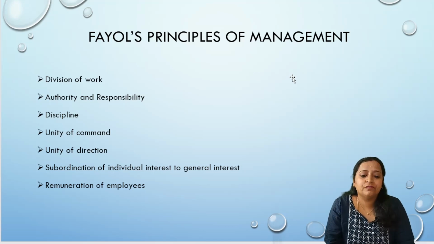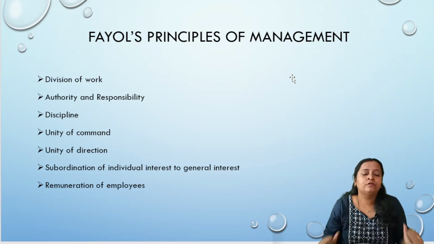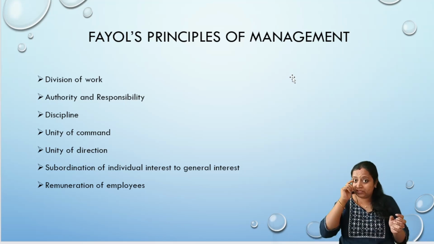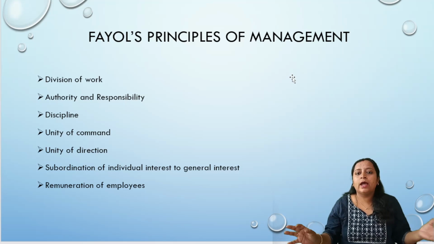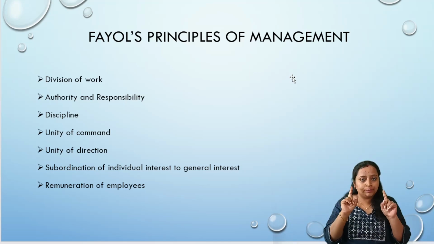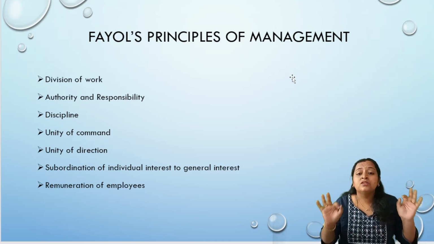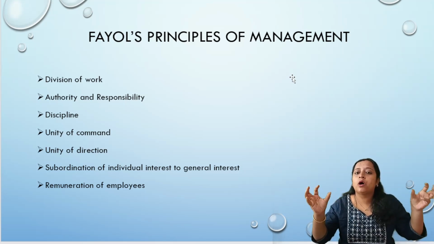Fayol's principles of management. The first principle is division of work. I think if you have seen my previous video, I have explained what exactly this division of work means. As we all know, the entire work or all the activities in the organization cannot be performed by a single person, right? One person cannot do all the work. So we are going to divide that work into smaller parts.